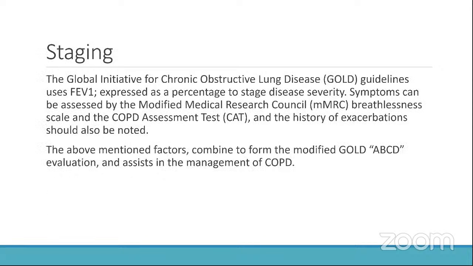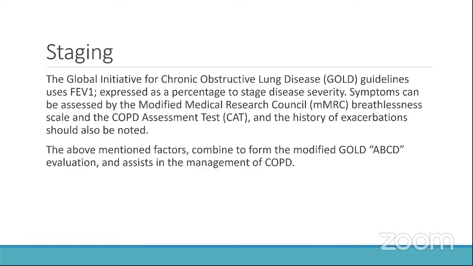So in terms of staging the disease, we use the GOLD ABCD evaluation. It combines 3 factors. The first one would be the severity of your disease, which is expressed as the FEV1. The second part is symptoms.